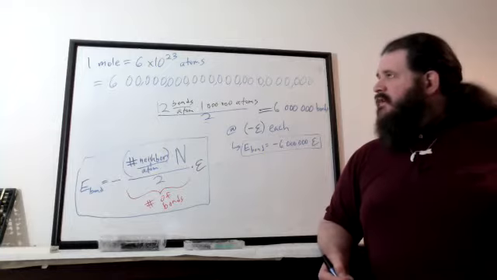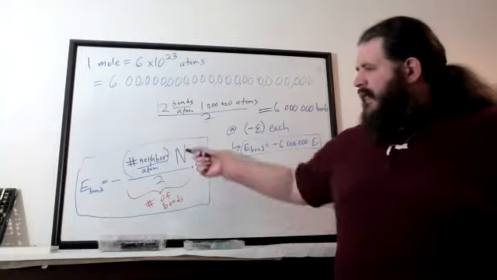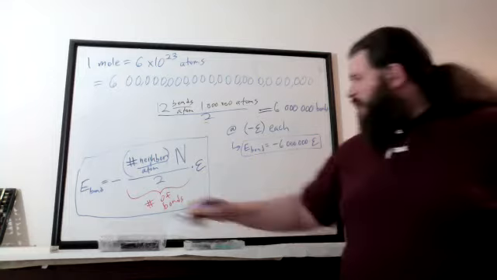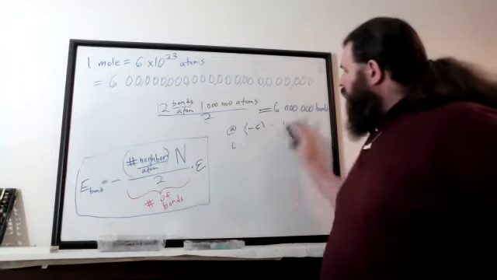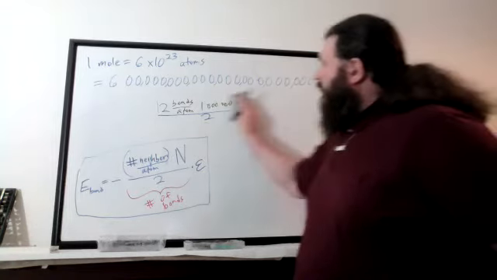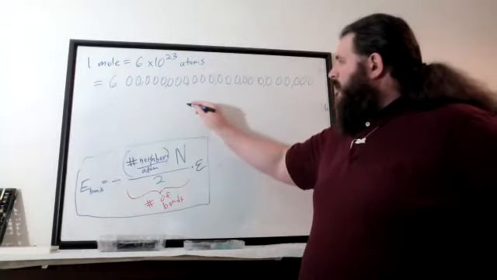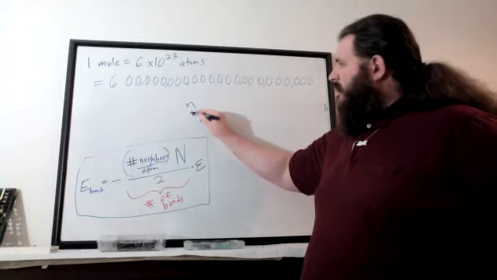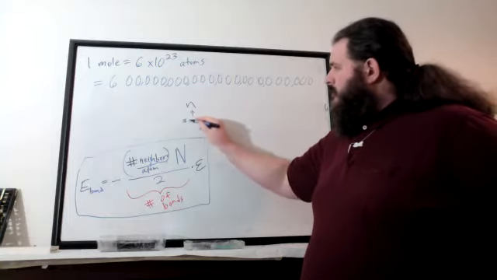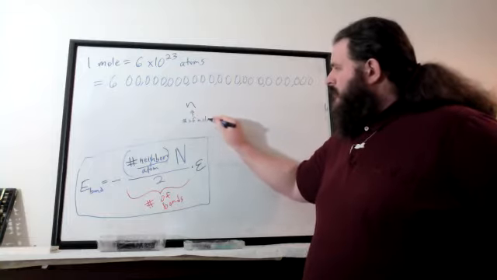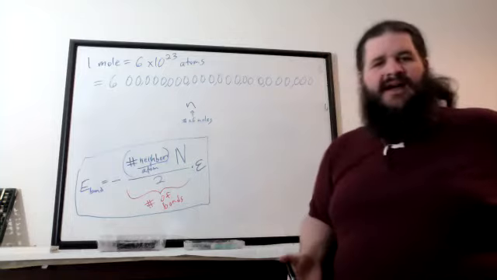Also, since we're usually not dealing with number of atoms so much as number of moles, we can also set up a conversion here. Avogadro's number is the conversion factor between moles and number of atoms. Number of moles, usually written as lowercase n. Like, let's say you have 5 moles.